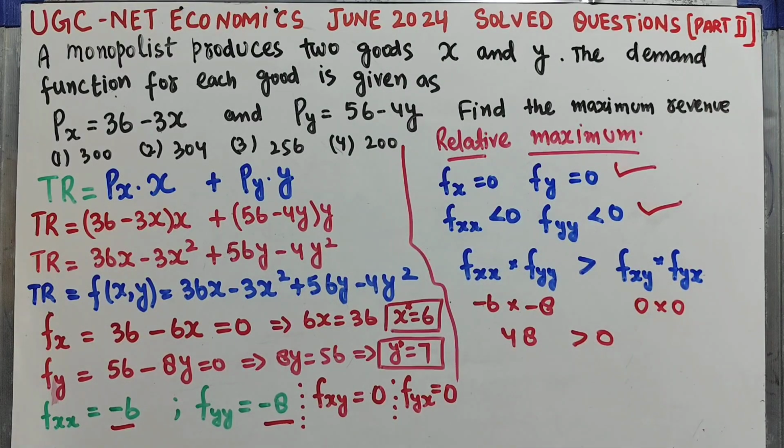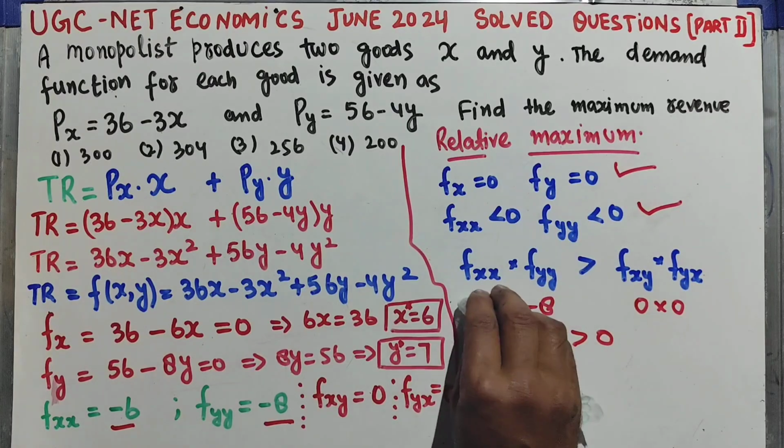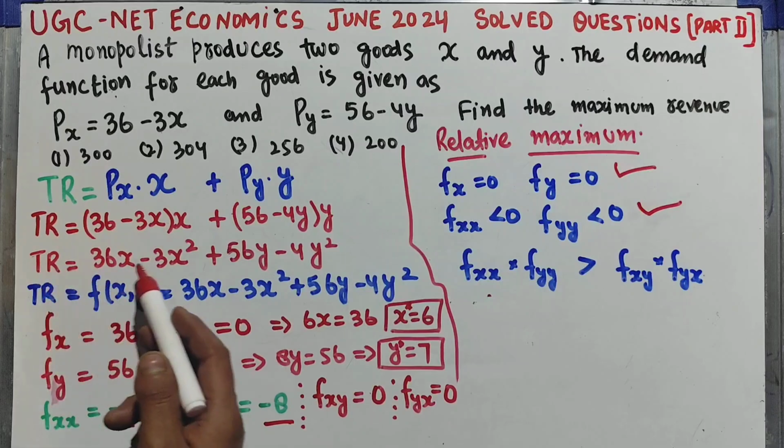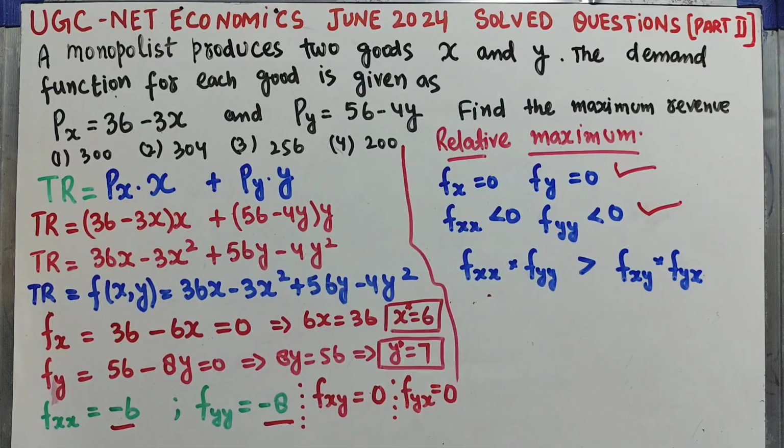Now to find the total revenue, we can simply plug x equal to 6 and y equal to 7 into the total revenue function. Let us do that, if I have the space left.